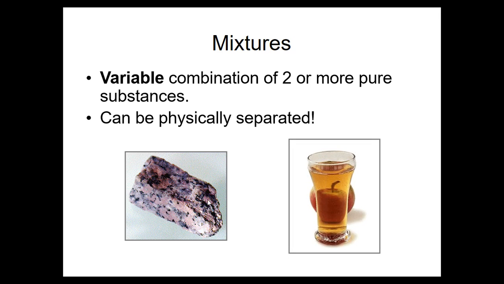When we talk about a variable combination, think about salad dressing. You can use different types of oil, maybe olive oil or vegetable oil. You can use different types of vinegar, maybe red wine vinegar or apple cider vinegar or just white vinegar. And you can also add different spices.